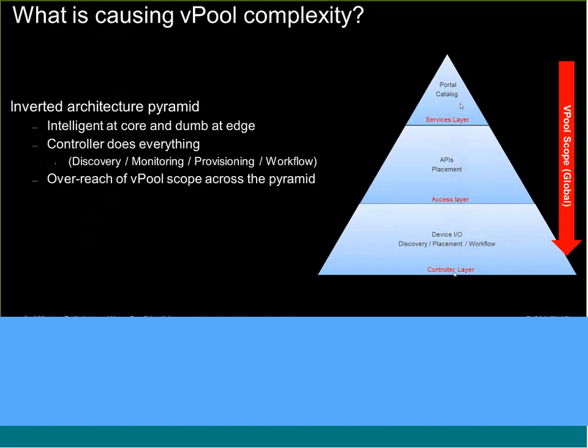So it is not doing anything in the higher level services, but doing everything in the lower level services, which is called the controller layer. Because of that, vPool has become a global scope entity, overreaching across the pyramid, because at each and every place we have to use a different dimension of the vPool. That's why the vPool is complex, and this complexity will continue to grow over a period of time if we continue this way.